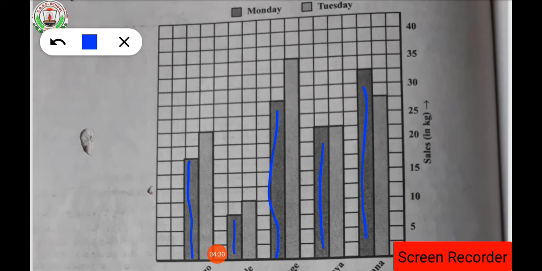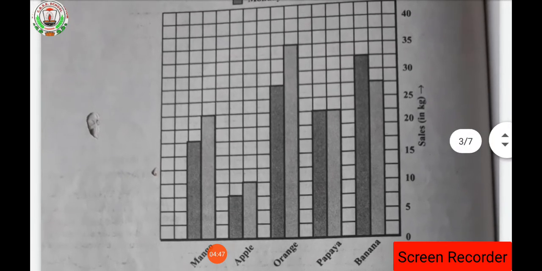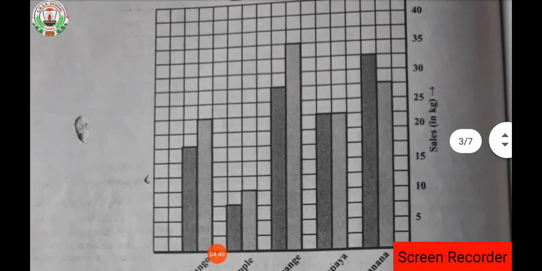On Monday mango, apple, orange, papaya and banana are sold. Then on Tuesday again mango, apple, banana, orange and papaya are sold. Now for both days we have to compare how much is sold.